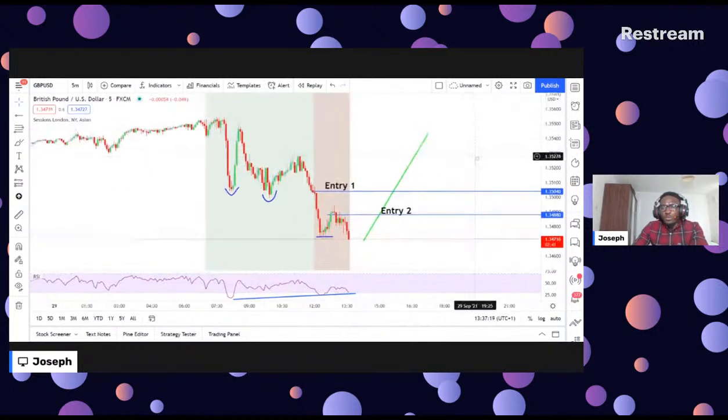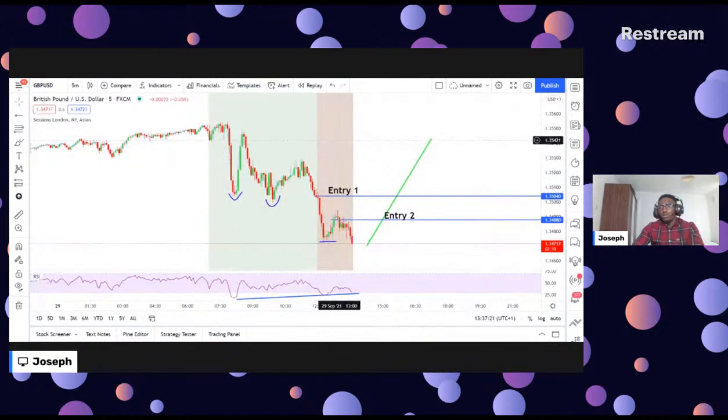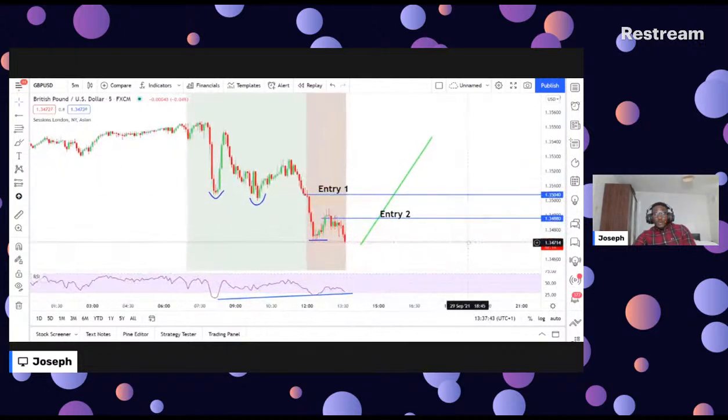We're coming up to 20 minutes till 2 o'clock, and official New York opening is less than an hour away. Usually the market does give you some kind of volatility, some kind of movement right here. So let's see if we're going to get that move up.